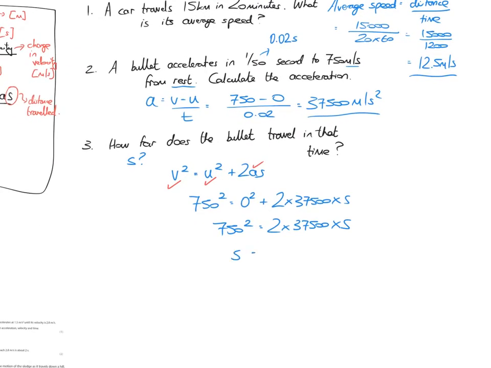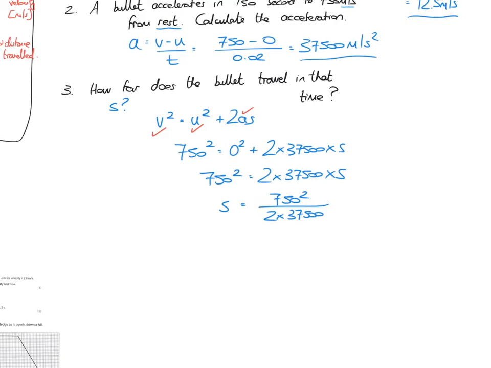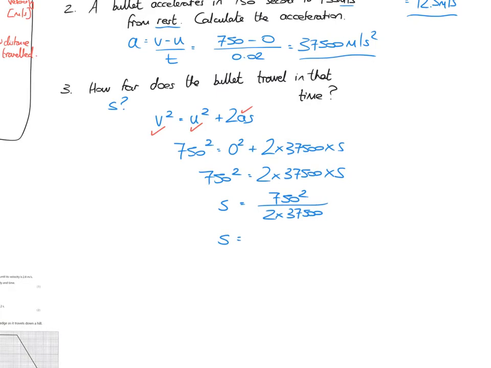So s is going to be 750 squared divided by 2 times 37,500. Again, you can pause and re-watch that if you're not clear on that substitution, or rather rearrangement. And then we get 7.5 meters, which is quite a nice round number, really.